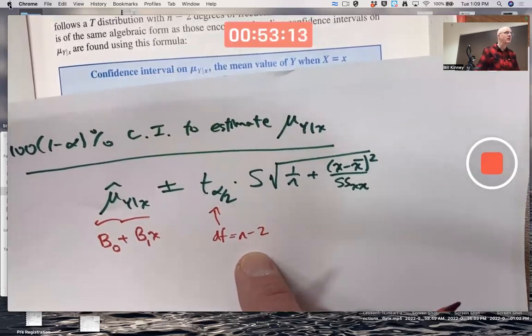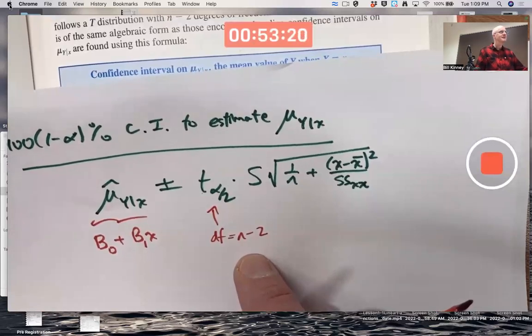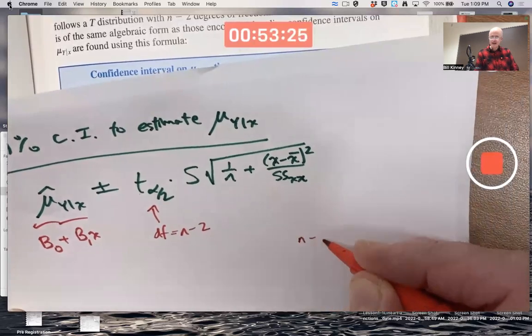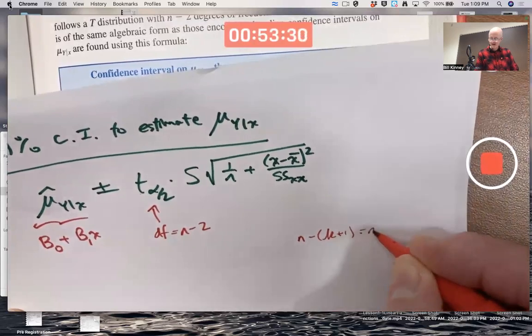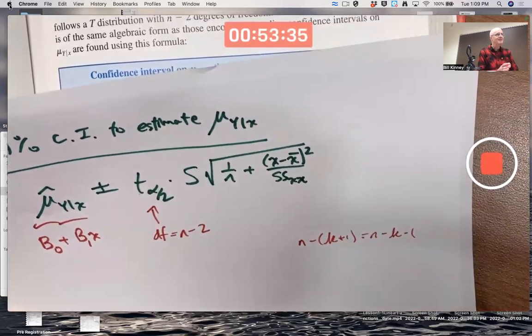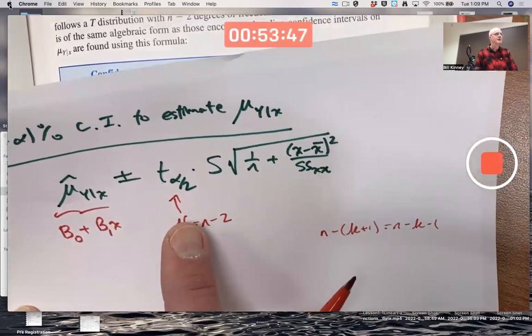Three explanatory variables, it becomes n minus 4. Four explanatory variables, it becomes n minus 5. K explanatory variables, it becomes n minus k minus 1. We're not doing that, but that's what happens. That's how you figure out the critical value t here.